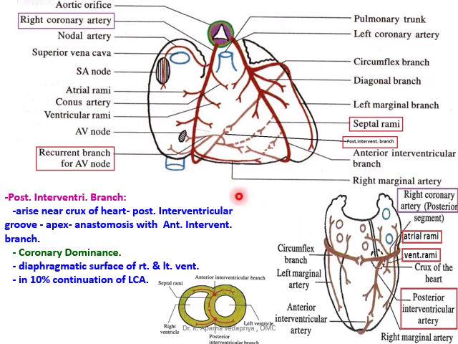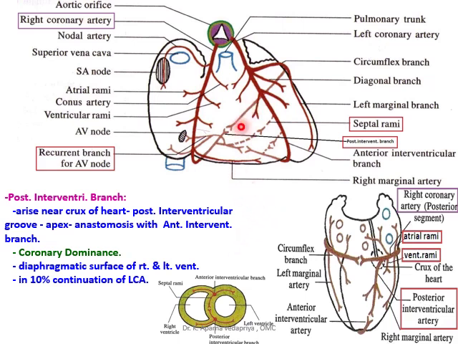The importance of this artery is based on its origin. The coronary dominance of the heart is rated by it. So if, as is normal, the posterior interventricular artery arises from the right coronary artery, then that heart is considered to be right coronary dominant. So we say that there is right coronary dominance for that heart.